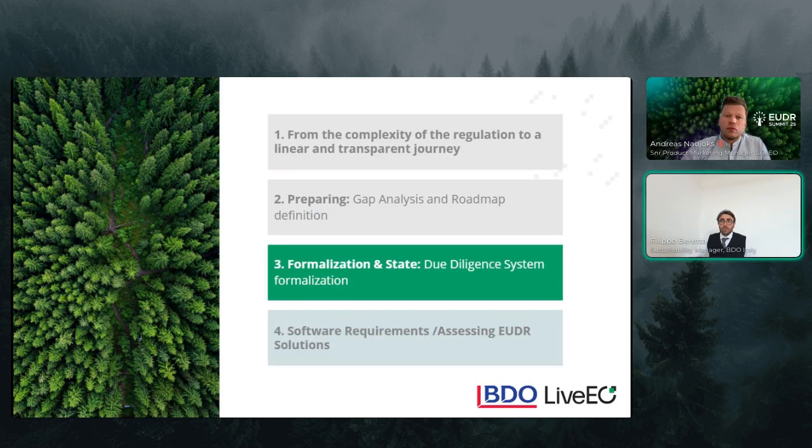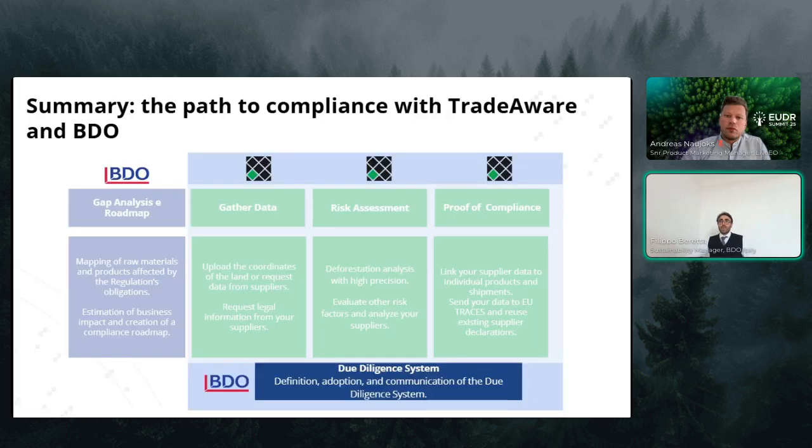So now we are going to see the due diligence system. Okay, in parallel to the activity of data gathering, risk assessment, and compliance, the regulation requires us to define and adopt internally, and adequately communicate outside the organization in transparency, the defined processes and the due diligence system the company builds.